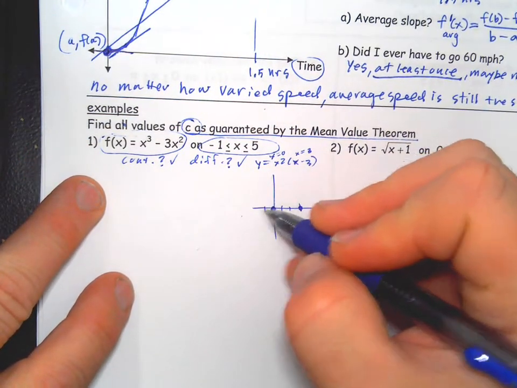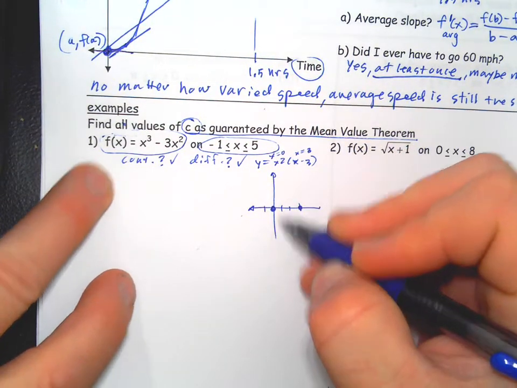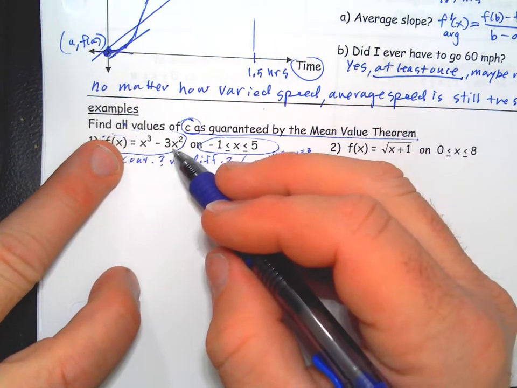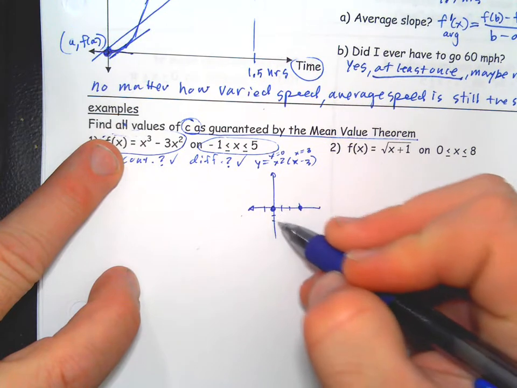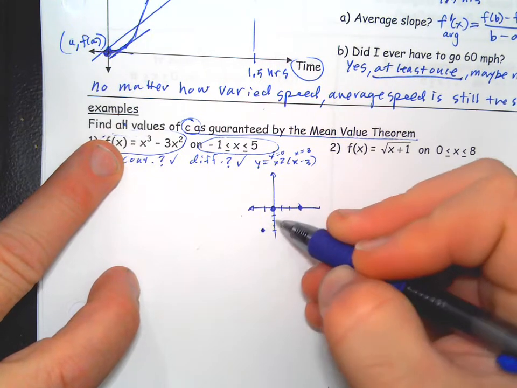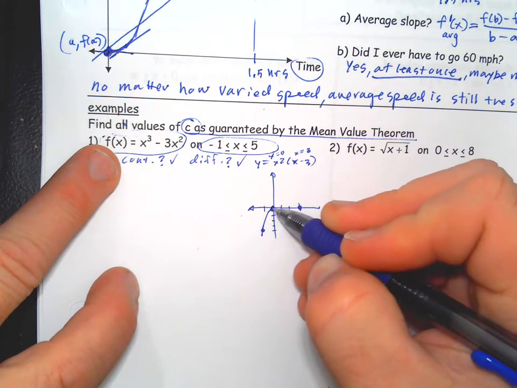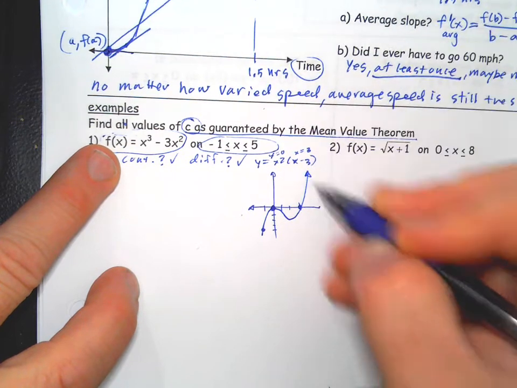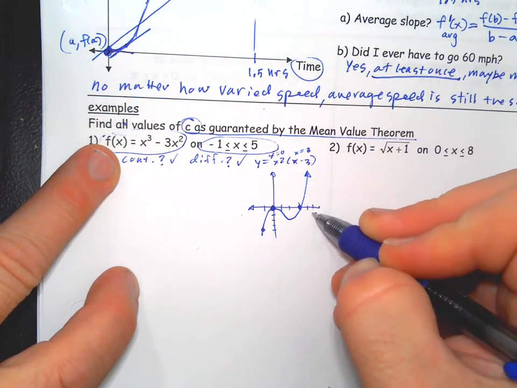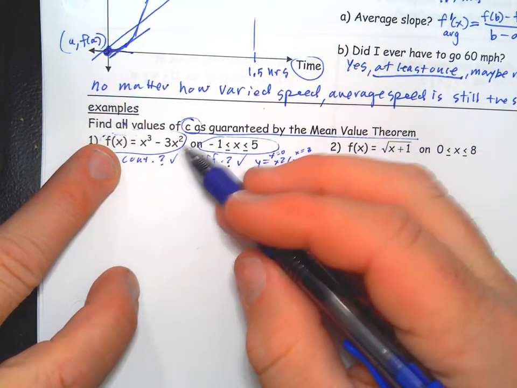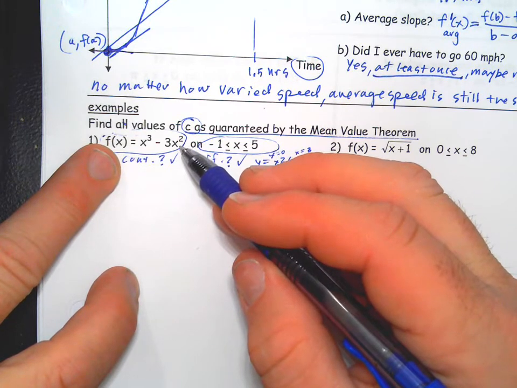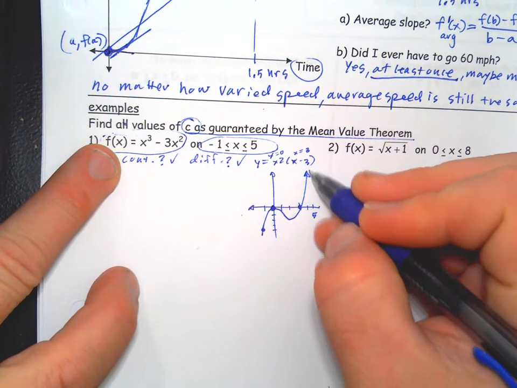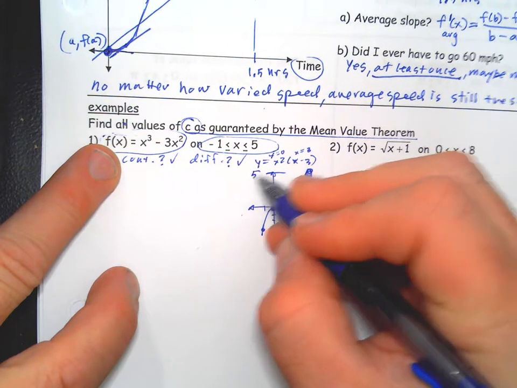If you plug -1 in, you get -1 minus 3, which is -4, right? And so the graph kind of goes like this. And we go all the way to 5. Plug 5 in, it's 125 minus 75, which is 50. So the point up here is going to be at 50.